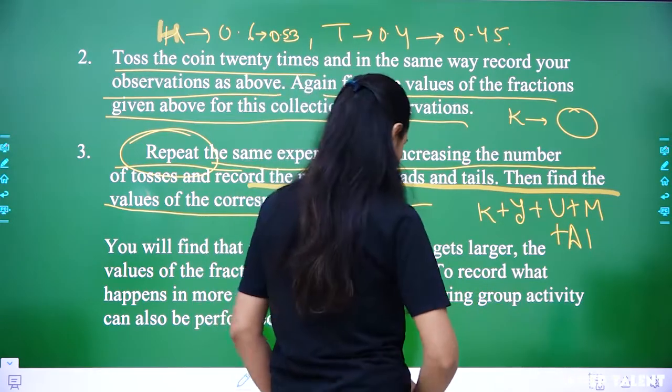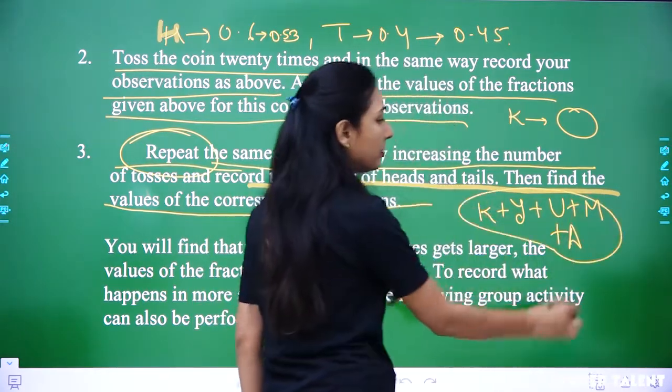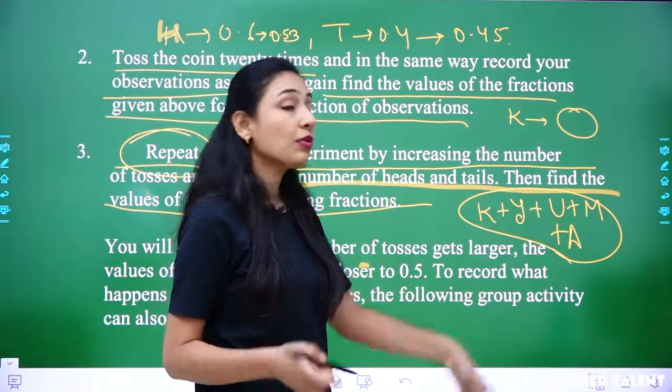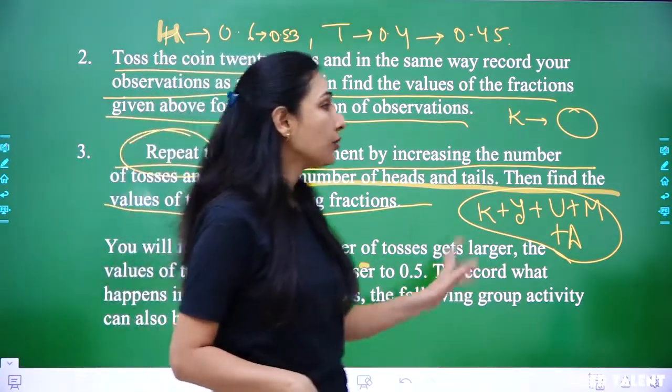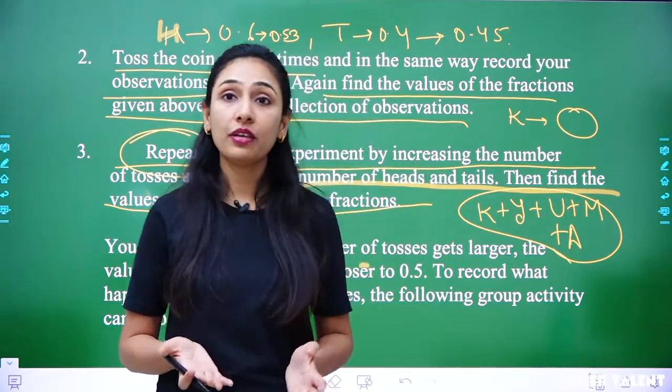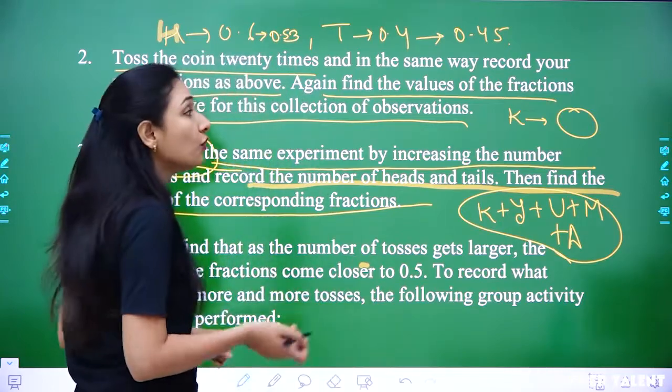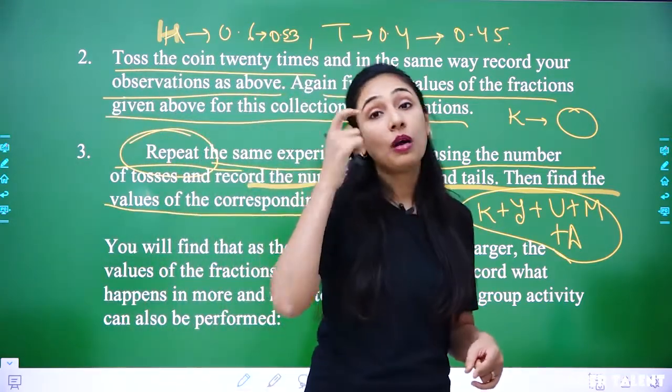So you are getting 5 results, and you are going to sum them up and divide. These are the number of heads only, so you are going to divide by how many times? 500. So this summation upon 500 will be the fraction for the probability of head only.